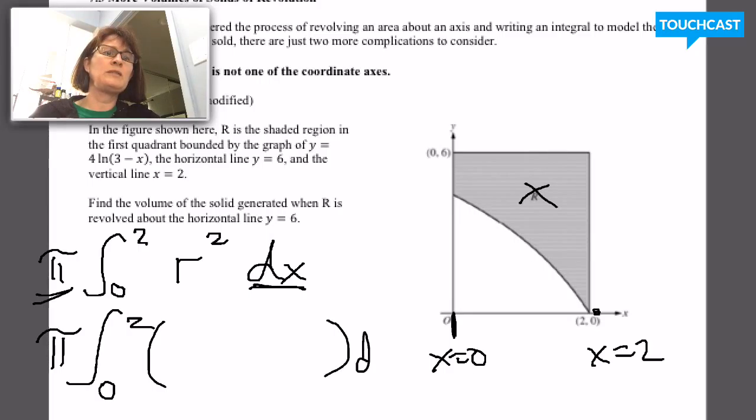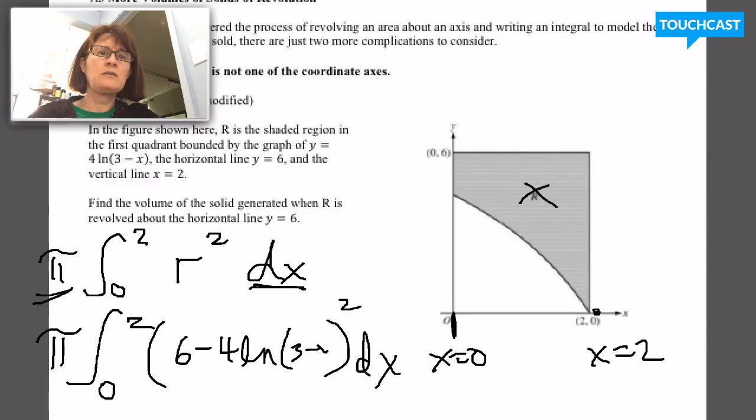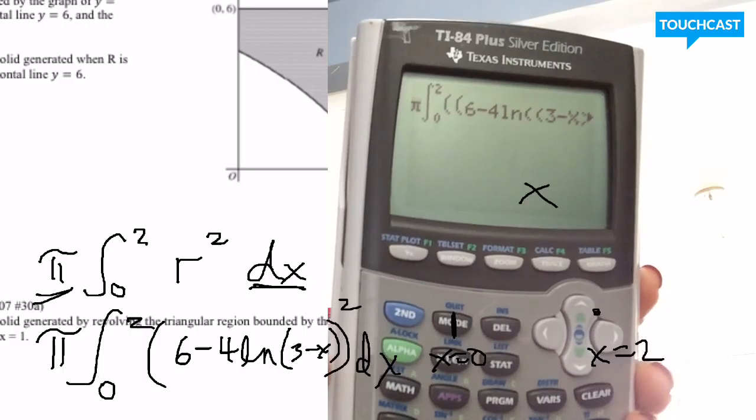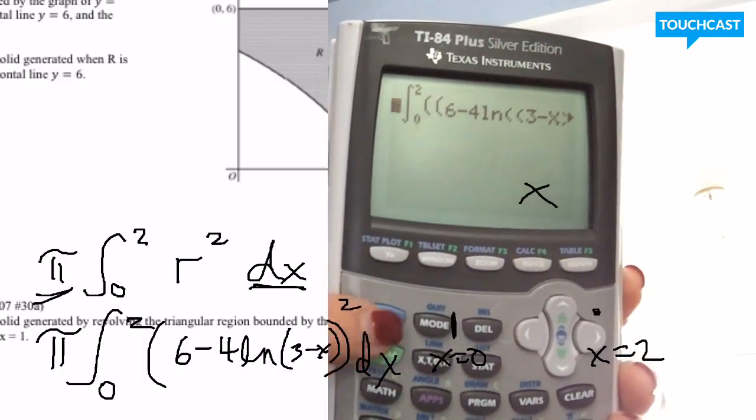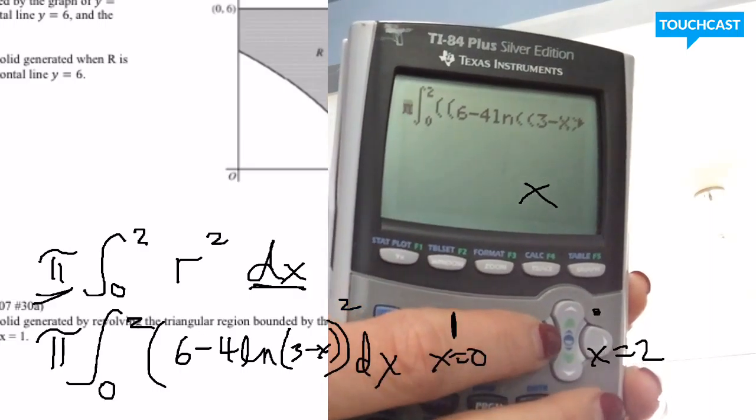My radius, we said, needs to get squared, and the radius was 6 minus 4 natural log of 3 minus x. This is a calculator problem, so I'm going to type that into my calculator. So I typed this in to show you that I typed the pi first and then the integral, although you could put the pi inside.